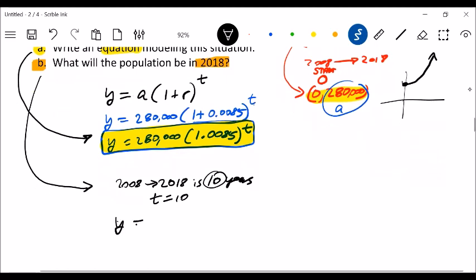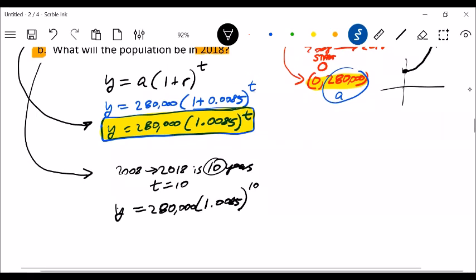So let's use this formula: 1.0085 to the 10th power. And then when you calculate that, it comes to this amount, 304,731, and it's 0.39, I think.